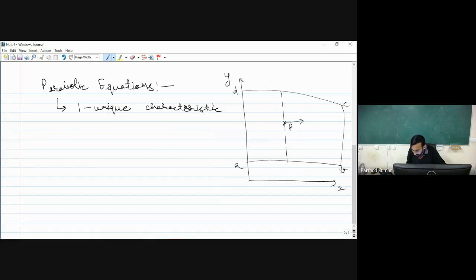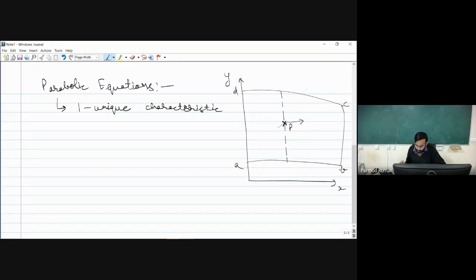Whatever information I have will only propagate on the forward side of our characteristic line. Any value behind this characteristic line affects the value of the property at point P, and any perturbation at point P only affects the region ahead of this line.